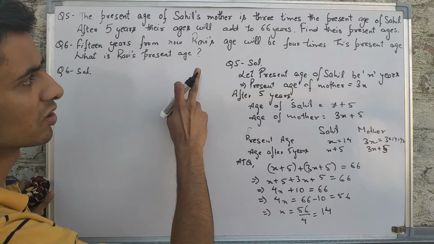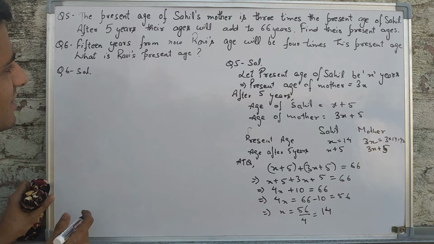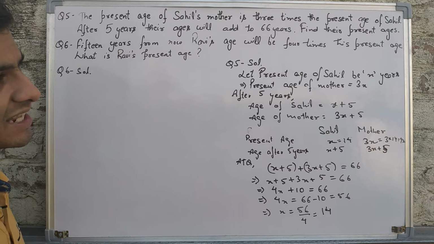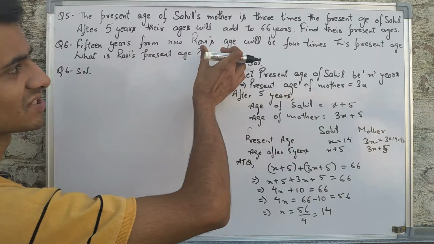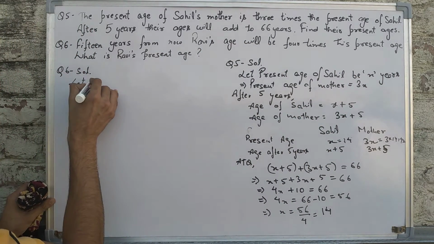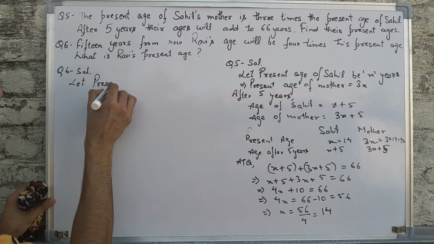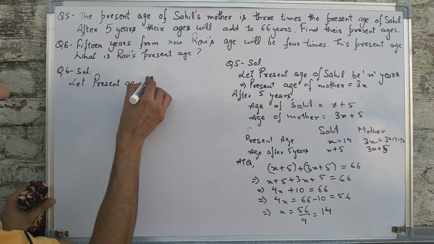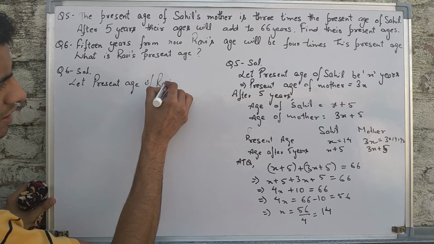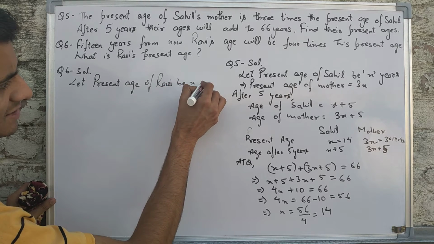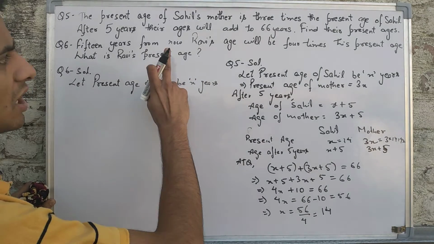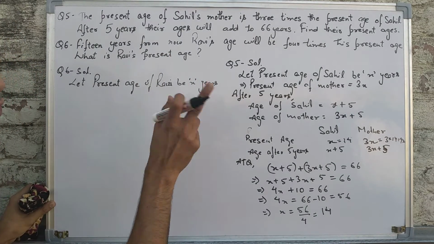15 years from now, Ravi's age will be 4 times his present age. So let us take present age be x, then Ravi's age will be 4 times. So let present age of Ravi be x years. 15 years from now, Ravi's age will be 4 times.